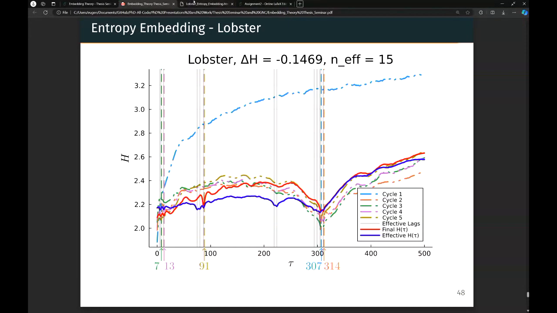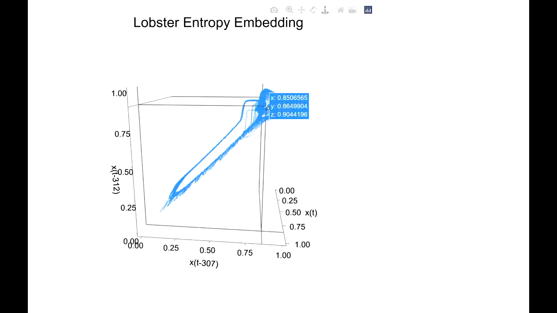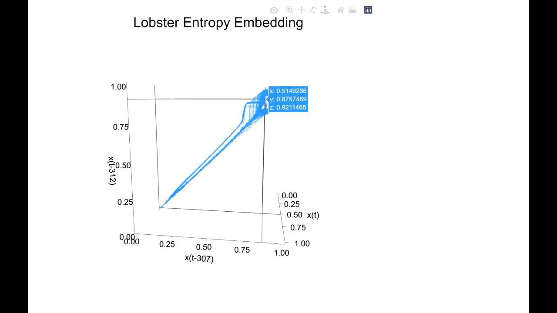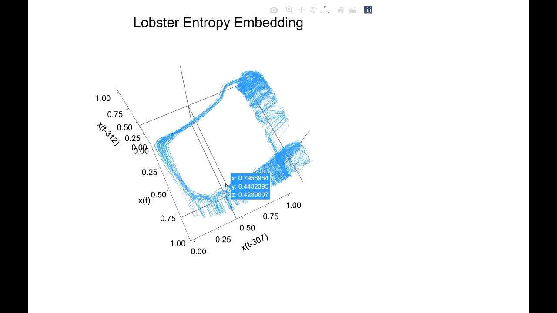I actually have a nice picture here of what the lobster embedding looks like based on this entropy approach. You actually get that loop that occurs there and the other loop, which is a big one. So I suspect possibly. Sadly, there are not a lot of multi-scale time series that are clean enough and nice enough to work with to test, but we could test it on lobster.